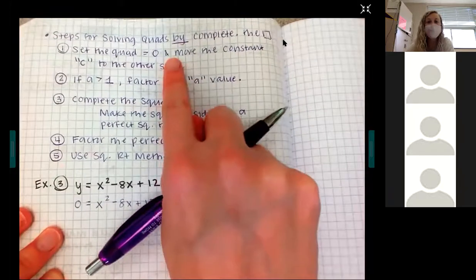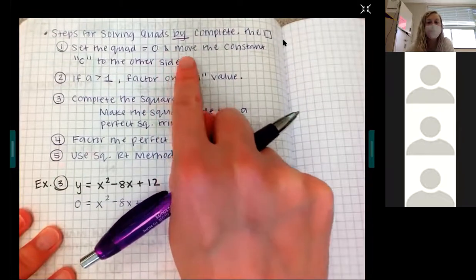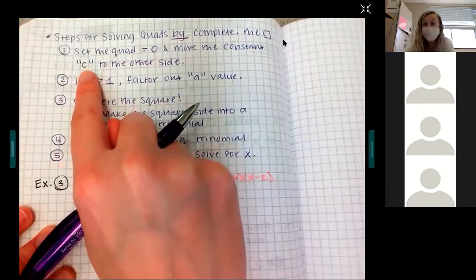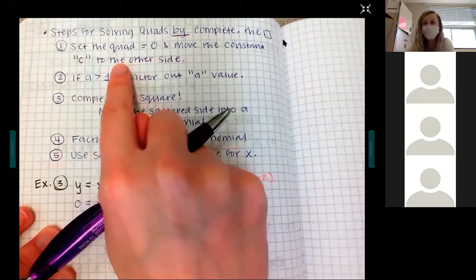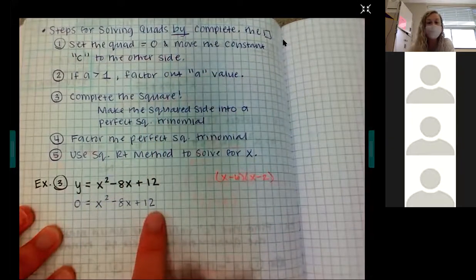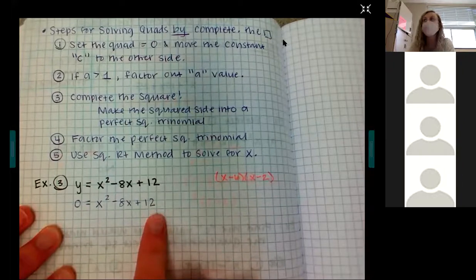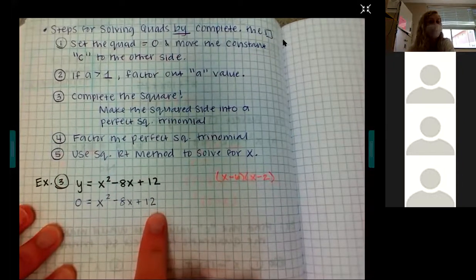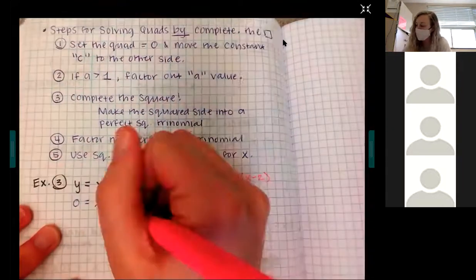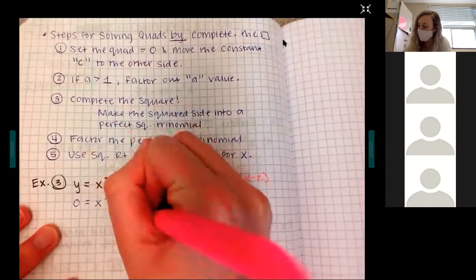Still on step 1. What does it say after you set it equal to 0? Move the constant, which is the c, to the other side. What is the c value here? 12. You're going to move it to the other side. How do you move a positive 12? Subtract it. Good. So everybody watch. We're going to subtract the 12.